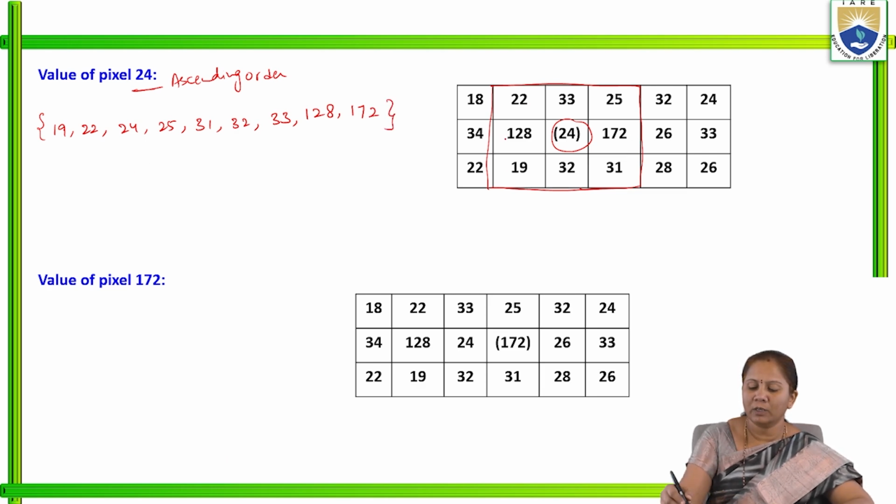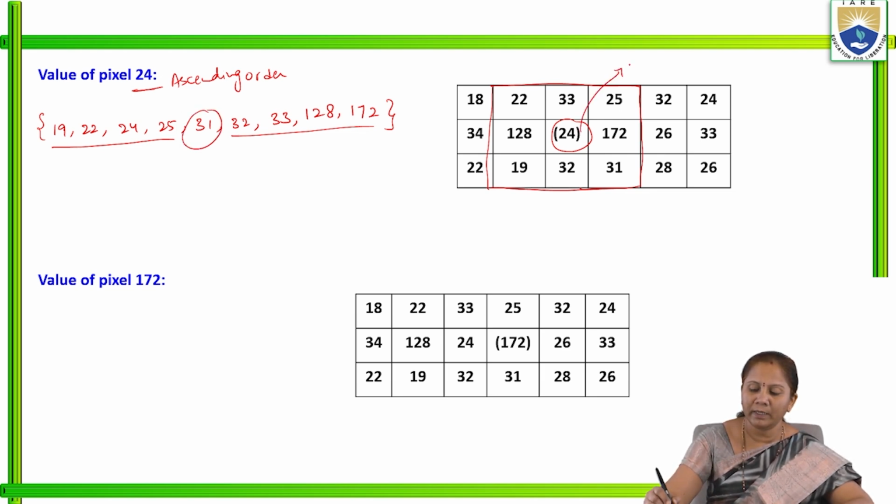So 9 pixels are there under the mask. Arranging them in ascending order, see which one is the middle one, because we are applying the median filter. So 1, 2, 3, these are the 4 pixels and these are the 4 pixels. The middle one is 31, and here this 24 will be replaced with the new pixel value 31.